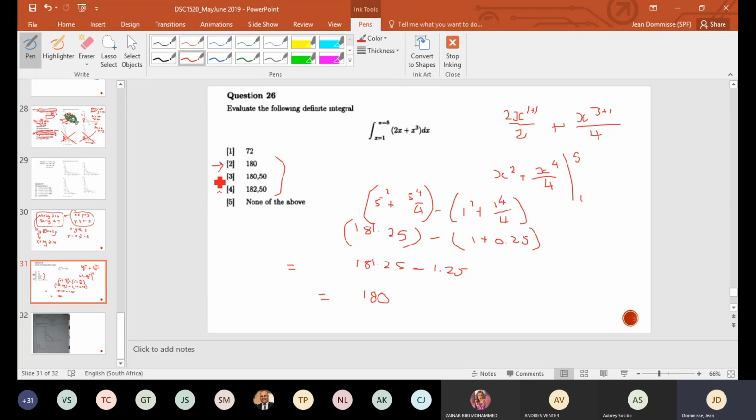If you just substituted the 5 in, then 5 to the power of 3 would have given you 125, plus 10 would have given you 135. And then minus the 1 when you substitute it.